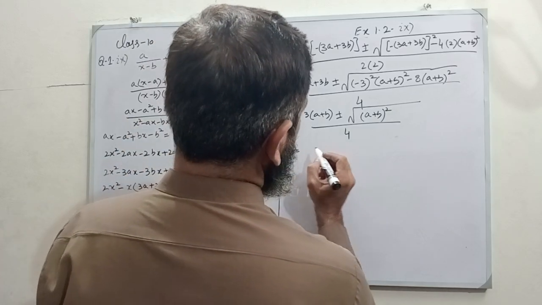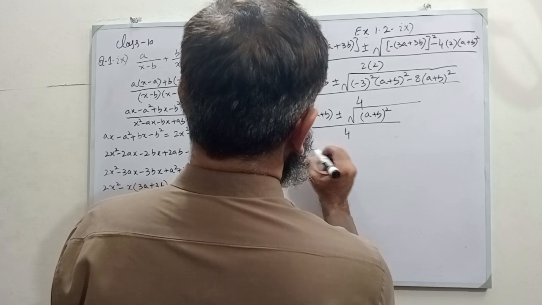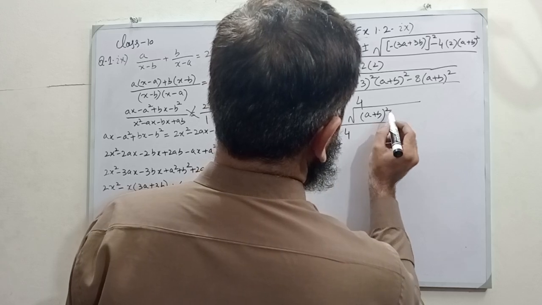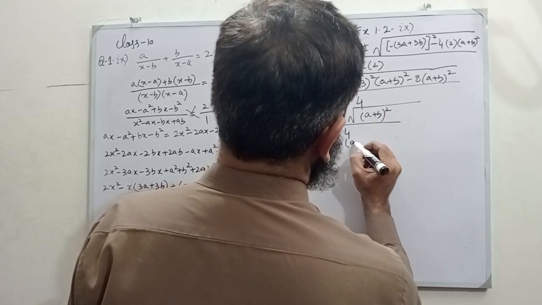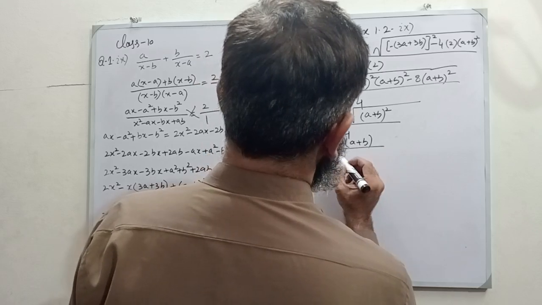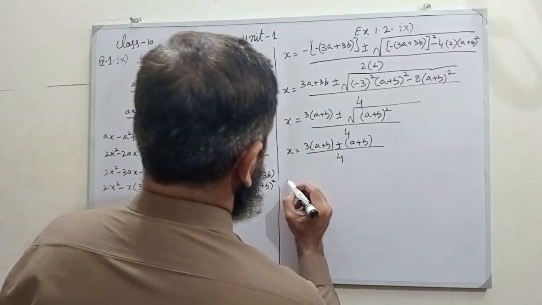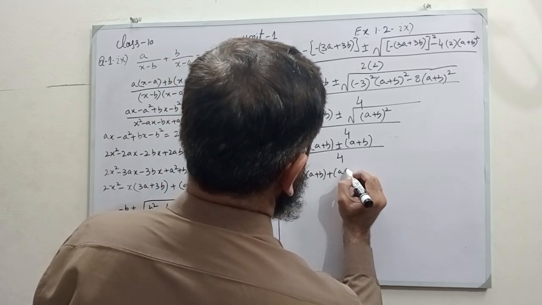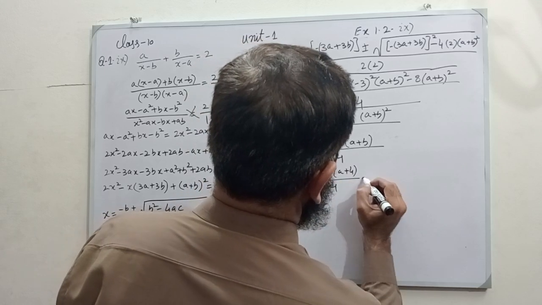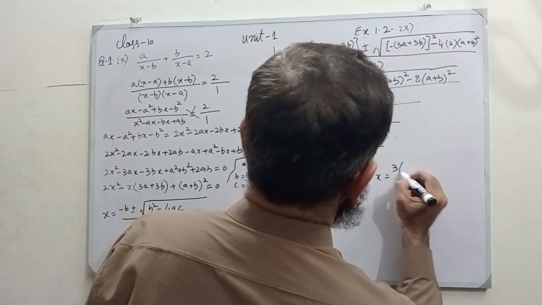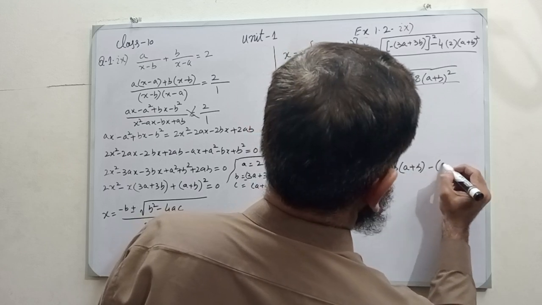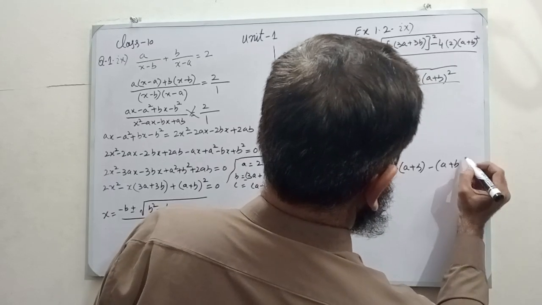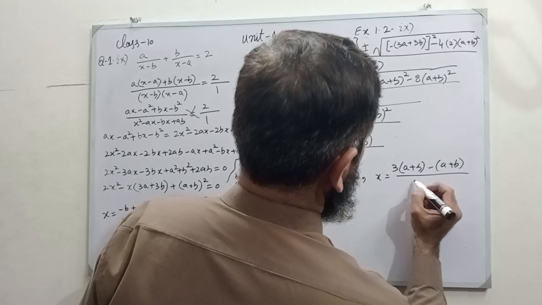So x is equal to 3 into a plus b plus minus, this will be 2 with this square root, so it becomes only a plus b over 4. So here x is equal to 3 into a plus b plus a plus b over 4, and x is equal to 3 into a plus b minus a plus b over 4.